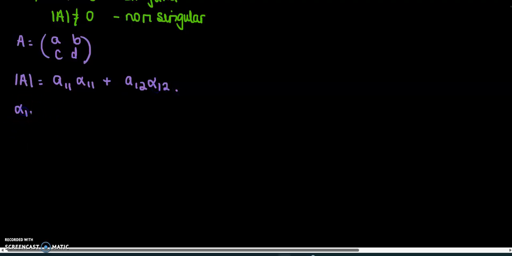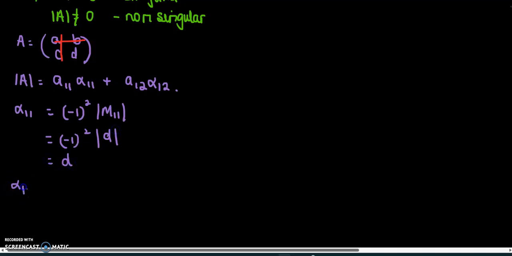So alpha 1,1, we're going to first of all remove the first row and first column. So this is minus 1 squared by the determinant of M11, which is really minus 1 squared by d, which is just d.